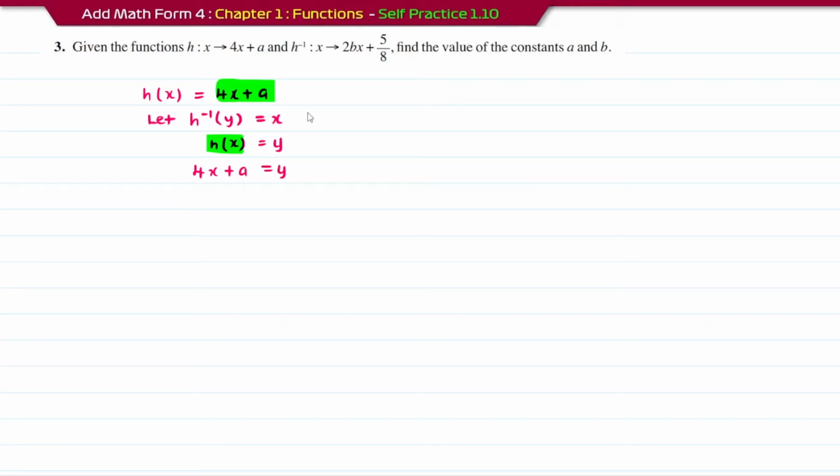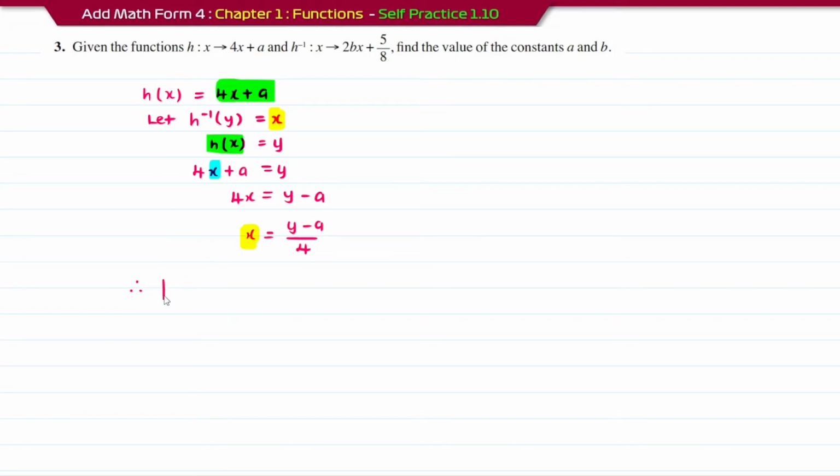Later on, we're going to let the x here become the subject of the formula. So 4x is equal to y minus a. So x is equal to y minus a over 4. So the x is the inverse of h of y.